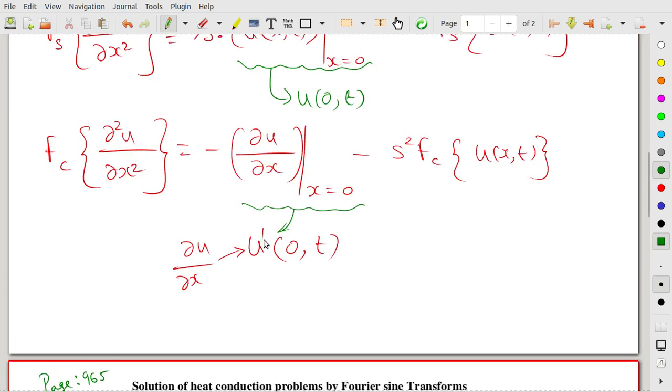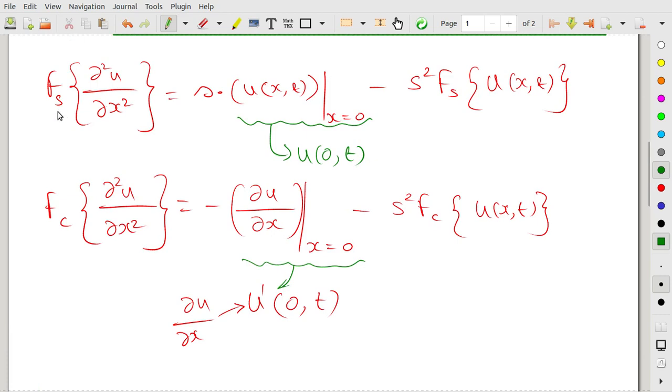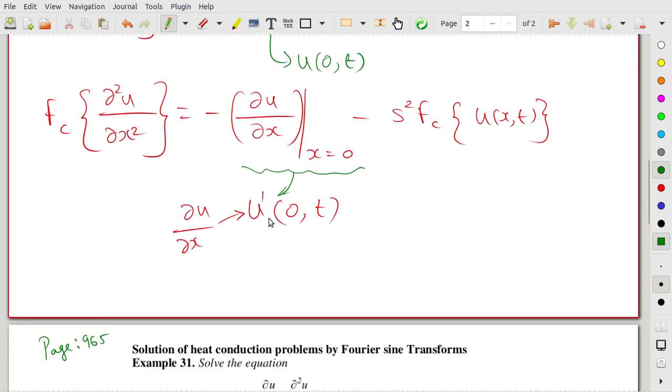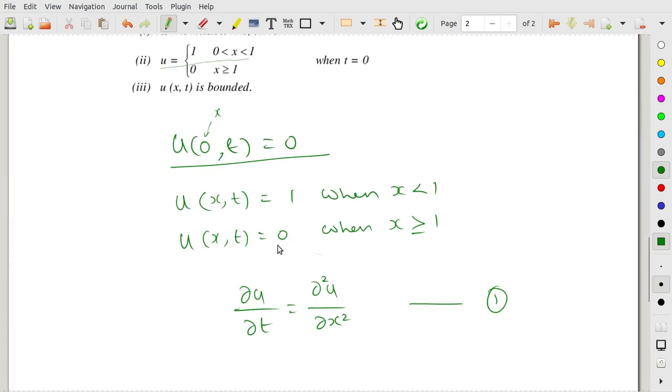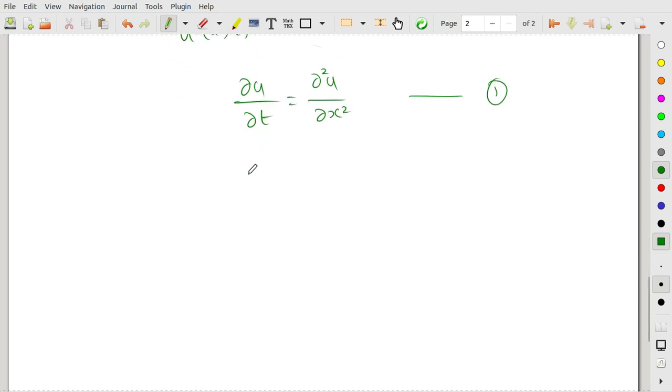Whenever they have given u of 0 comma t, we have to use Fourier sine transform. Whenever they have given u prime of 0 comma t, then you have to use cosine transform. In the boundary conditions, they have provided u of 0 comma t, so we are going to use Fourier sine transform.